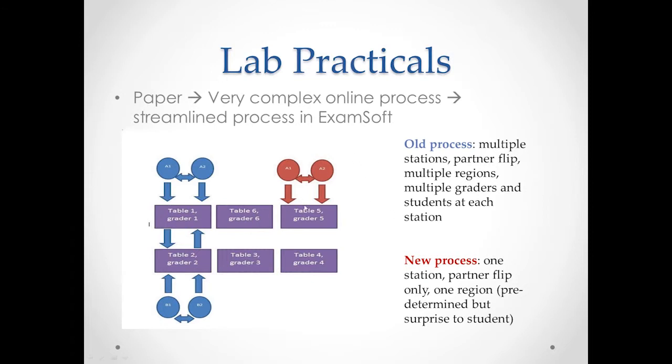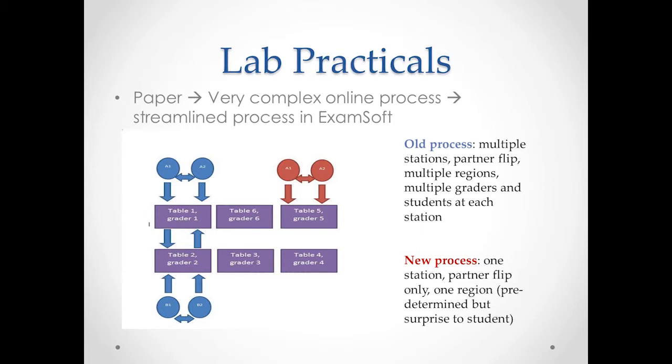What we've simplified here is really just 2 students at one station. They do flip and work on each other as partners, but we have now assigned just one body region. It's predetermined, but it's a surprise to the student. So when I was talking about those groupings on a previous slide, that becomes essential here as well, because that will need to be pre-assigned before students actually come in the room.